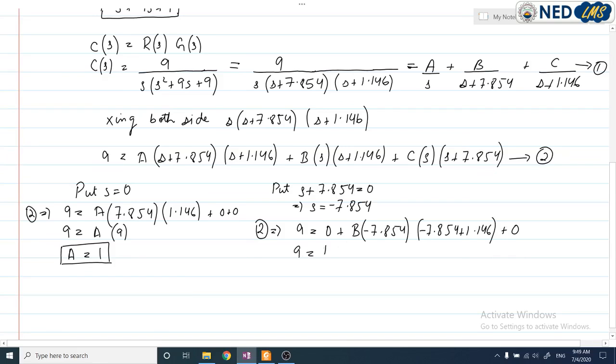So here, by multiplying these terms, we get minus 52.68, and the value of B will be 0.17.